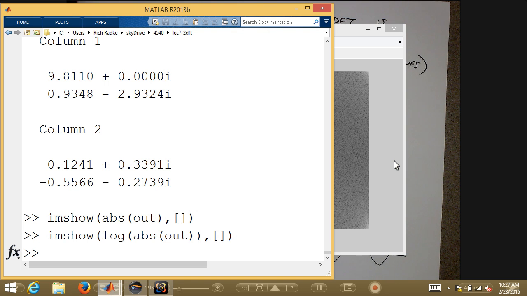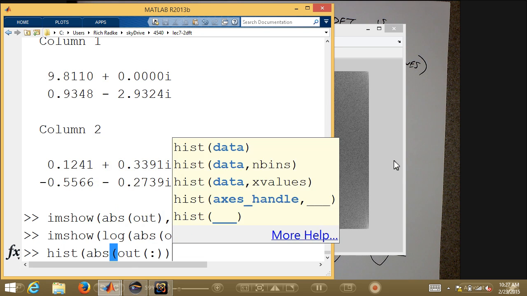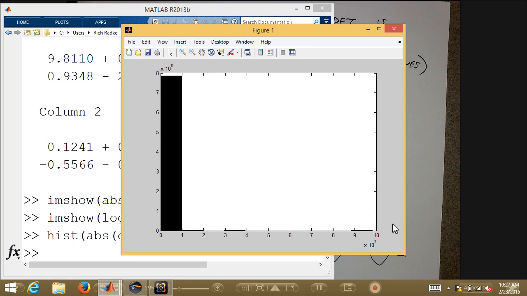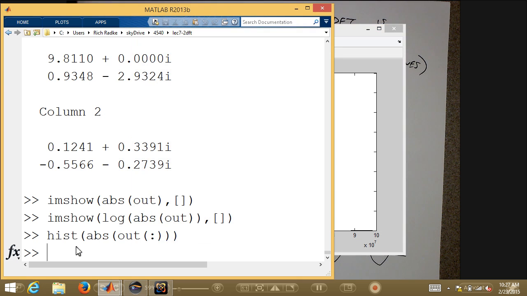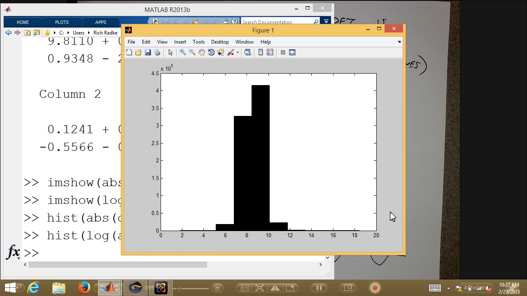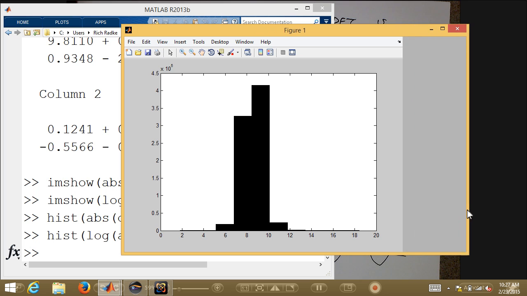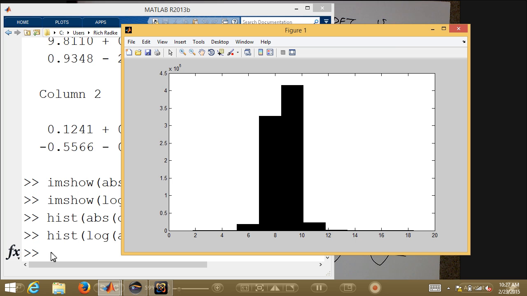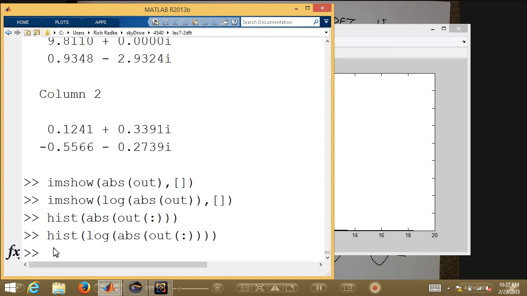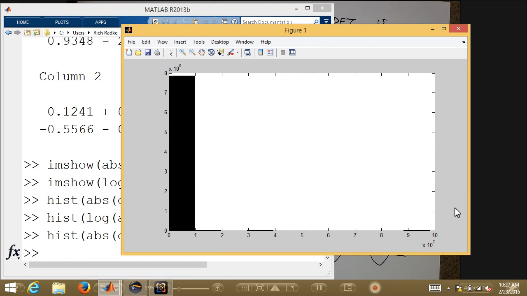If I were to look at the histogram of the values of the Fourier transform, what I would see is a lot of very, very small values and some very big values. And if I show that histogram in the log scale, here's the histogram of the output.